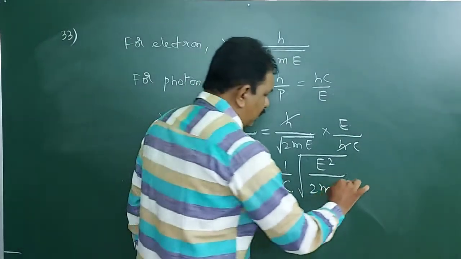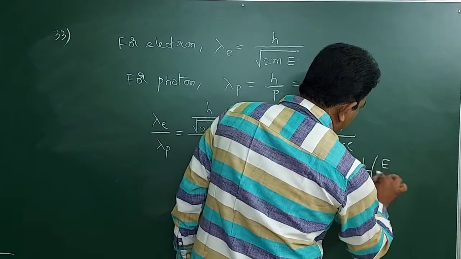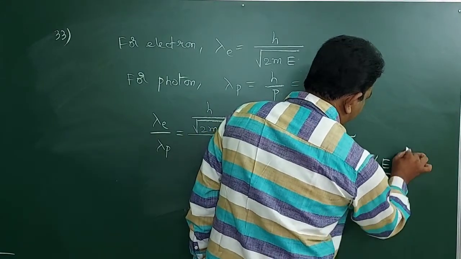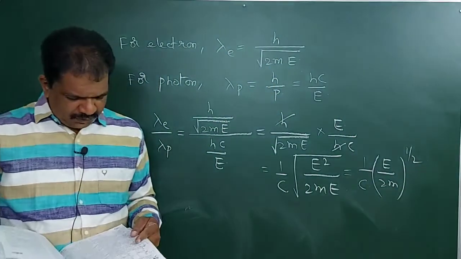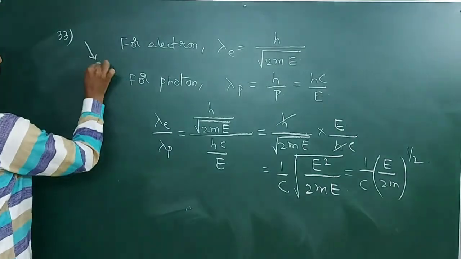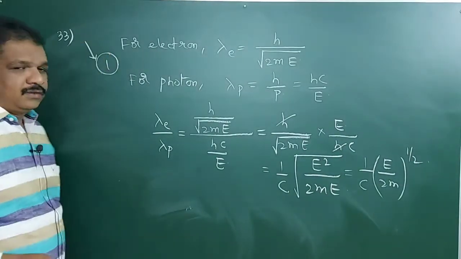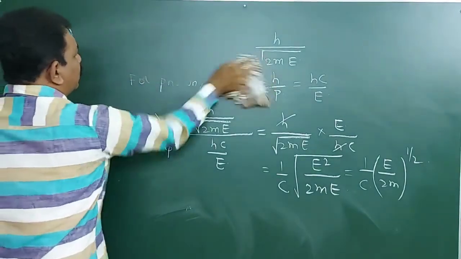So 1 by c, E will cancel, E by 2m power 1 by 2. So 33, it will be first option. Clear? Next, 34.